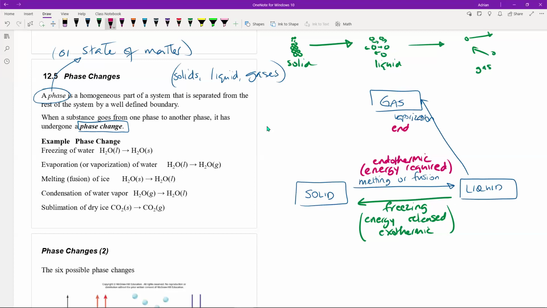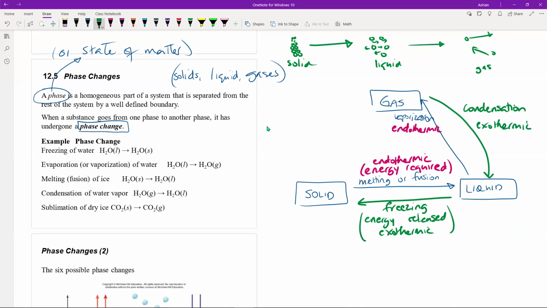So that would be endothermic as well. And then going in the opposite direction, going from a gas to a liquid, that process would be called condensation. So water vapor can condense, for example, as the gas particles lose energy, they slow down, they get closer together, more like a liquid, and that would release energy.